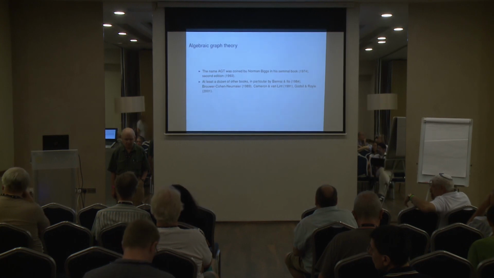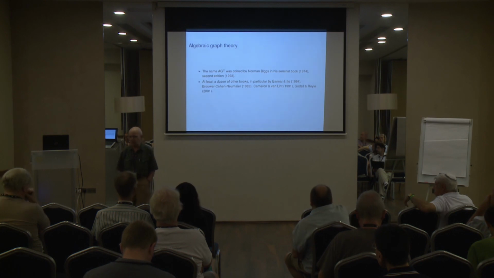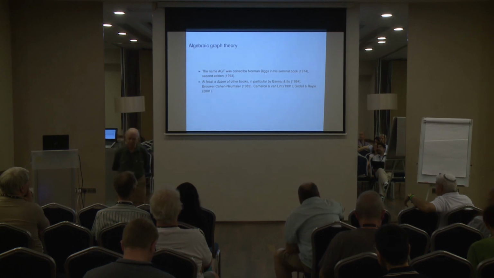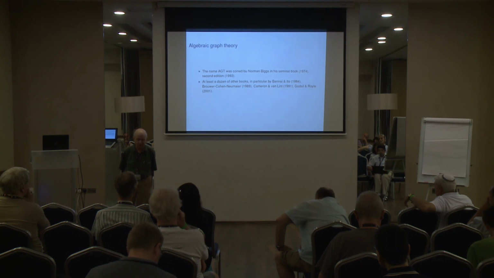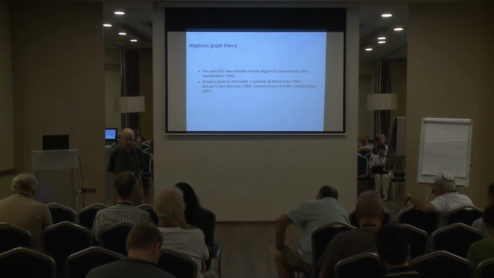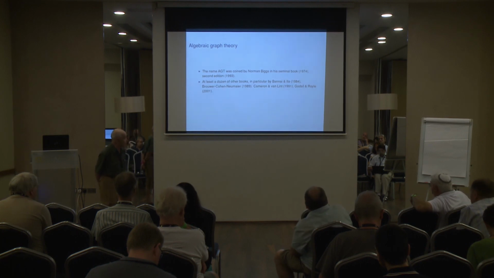So, Biggs, in his seminal book, coined the name algebraic graph theory. For a while, this name was very popular. After that, Bannai and Ito created another name, algebraic combinatorics. But after that, this name was occupied by people from a very respected area, people around, I would say, Richard Stanley and Gian-Carlo Rota, and then it was very difficult for us to compete with people from this area. It was not some commitment, it was more or less done occasionally, but most people decided to call this area algebraic graph theory, and there are a few very nice books in this area.